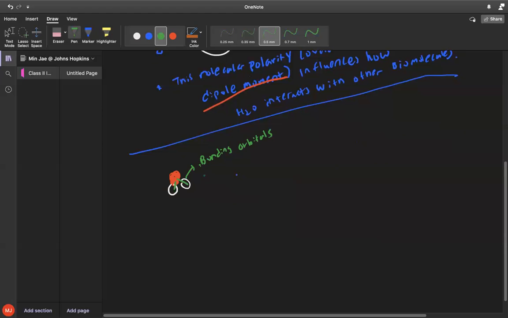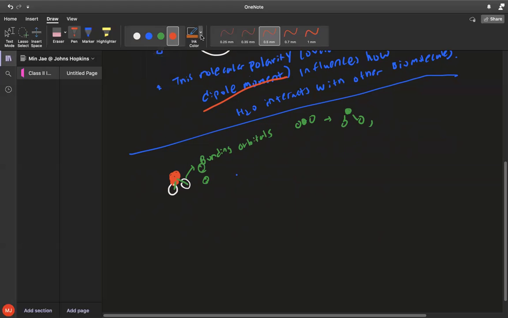And it is important to note the reason why water is not linear like carbon dioxide, but has this angle between the oxygen and the hydrogen atoms. I'm sure you guys have heard of the reason why that is the case.